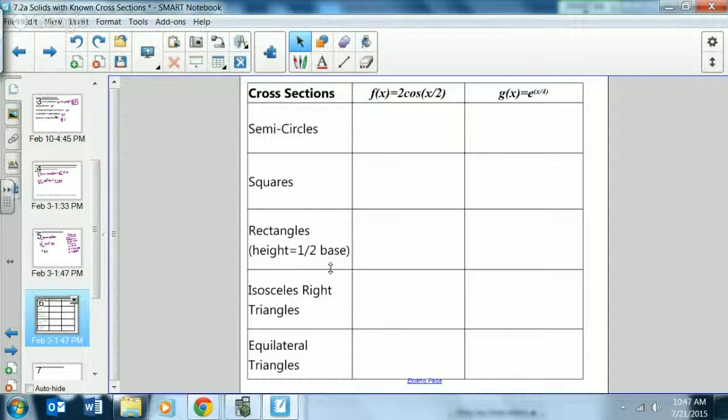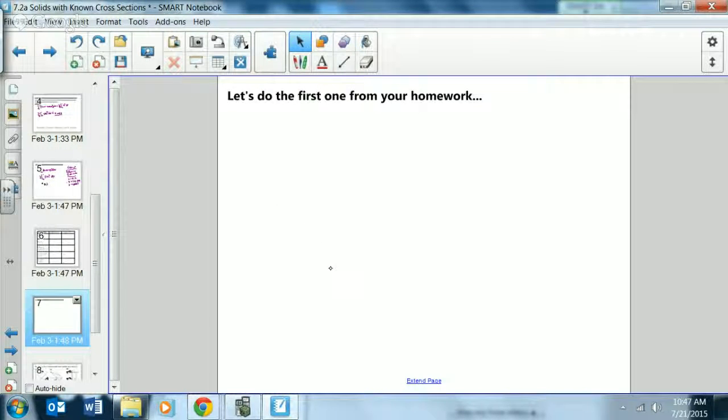All right. So I'm going to have you do that at the end. I thought to finish the lesson we would do the first problem from your homework. Okay, so if you would take a look at the volumes of known cross sections.